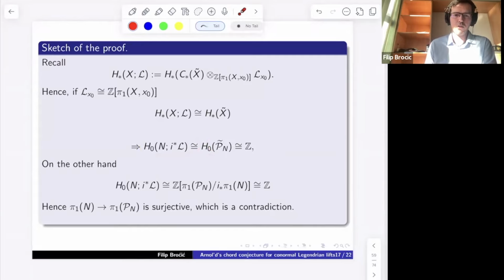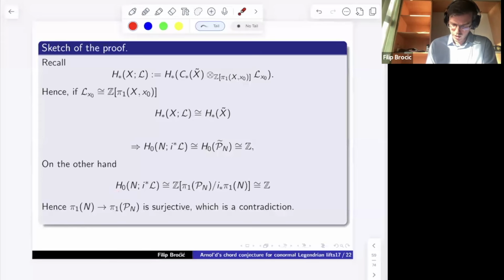But by our choice of local systems, the degree 0 homology will be the group ring over the quotient of π1 of the space of paths, quotiented by the image of π1 of the submanifold by inclusion.